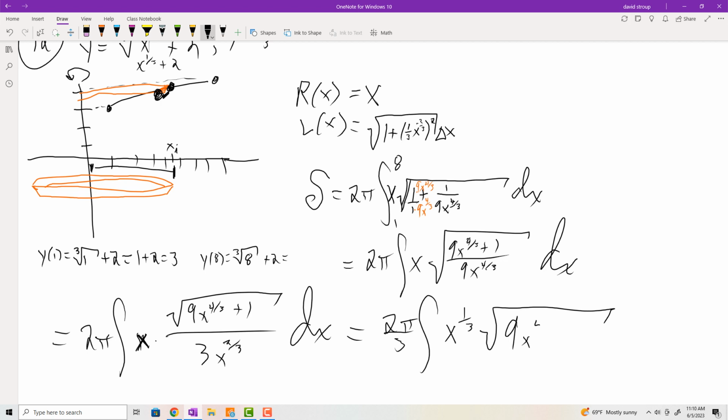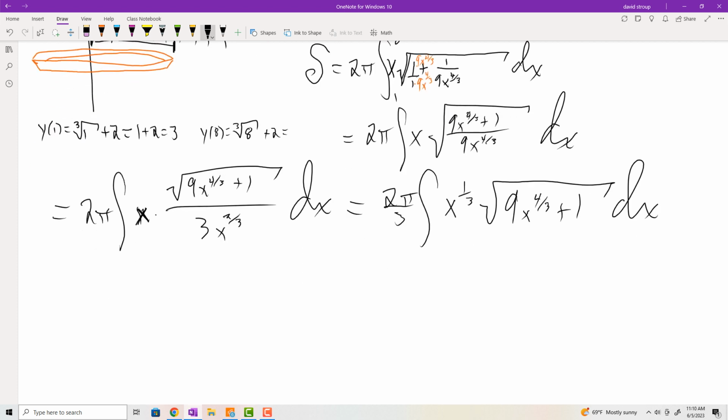And then you can do a u sub for the stuff inside the radical. So let's do a u sub there. du is 9 times 4/3 x to the 4/3 minus 3/3 is 1/3 dx.